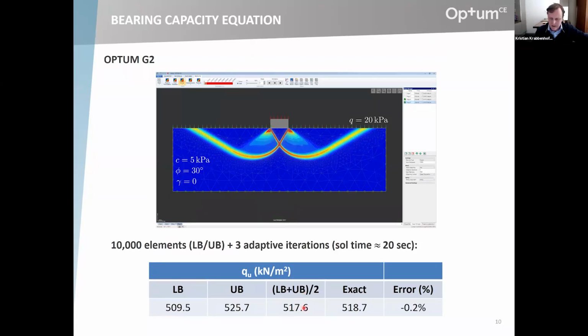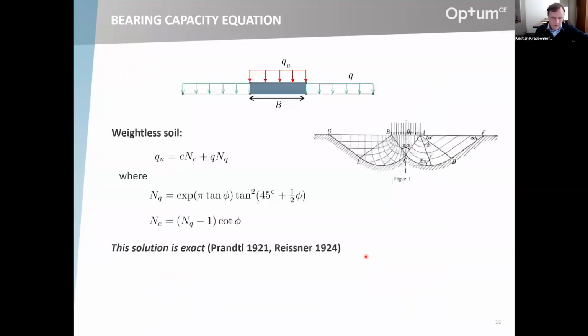That tends to give a really good estimate of the exact solution. In this case, this average is in error by 0.2%. So really good accuracy, and a solution time of approximately 20 seconds on my old laptop for the total upper and lower bounds. So that's at least some verification, which is good.